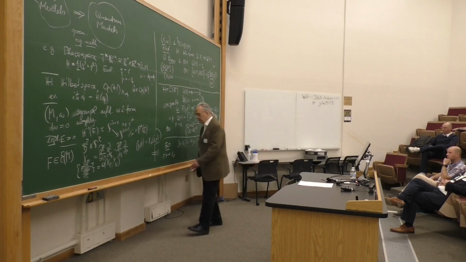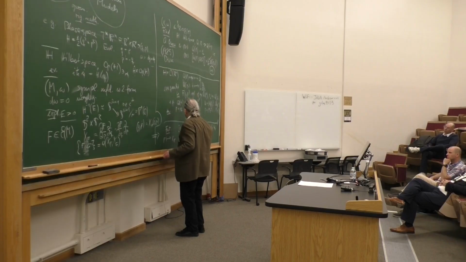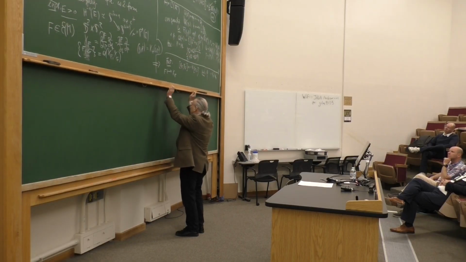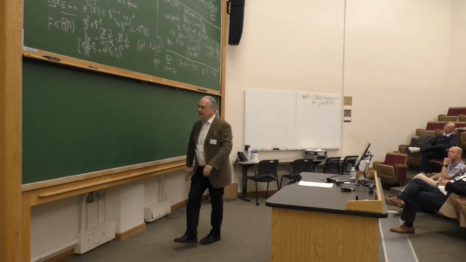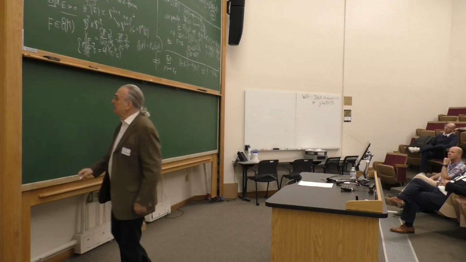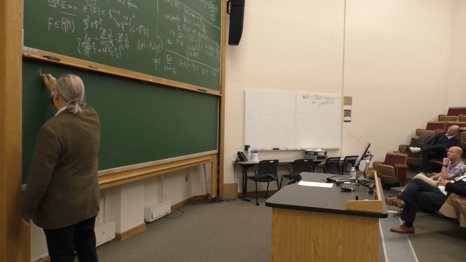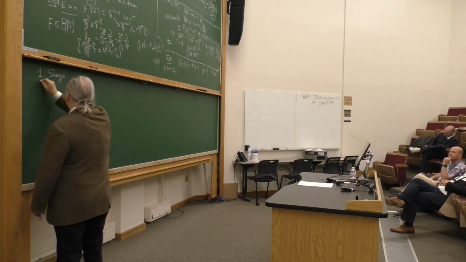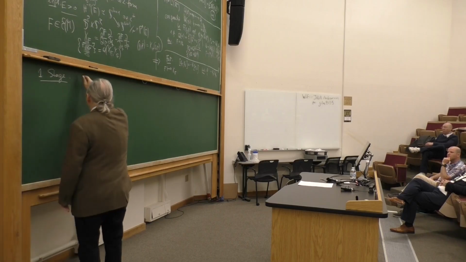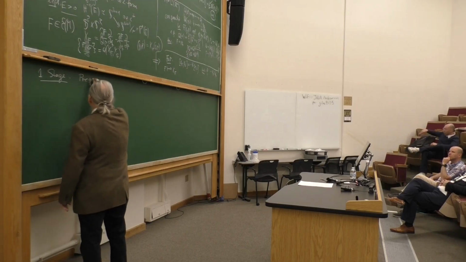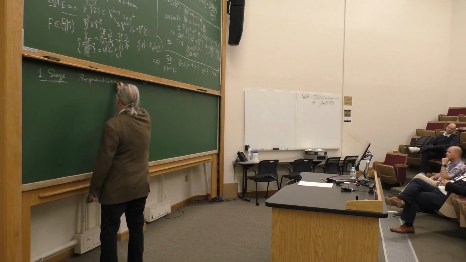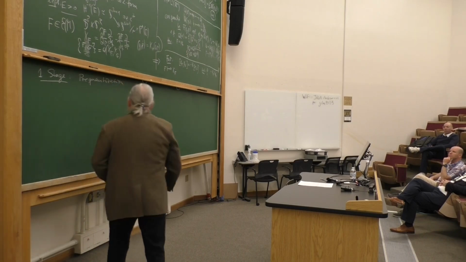And in fact, we are now at the first stage of geometric quantization, and this is the so-called pre-quantization. It says already that we are not at the end of the story, but it's the first step.